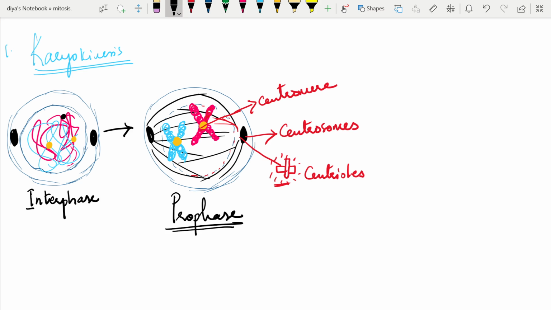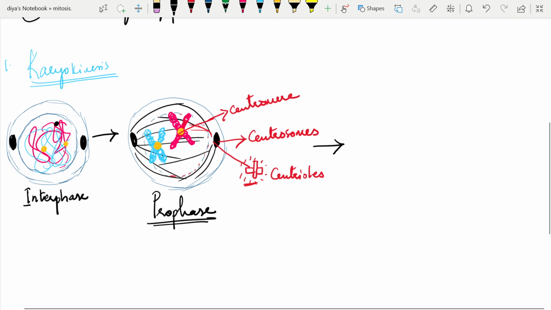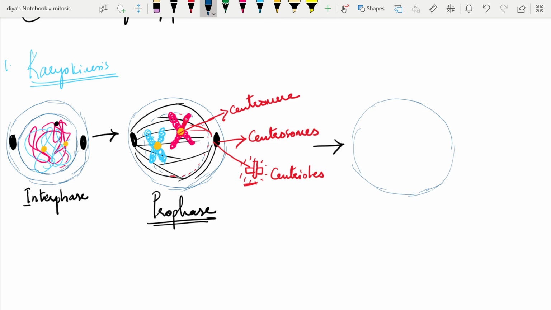Now after prophase there is another phase called metaphase. So this is your cell, and here the nuclear membrane has totally disappeared in this phase of the cycle. Here are the centrosomes.